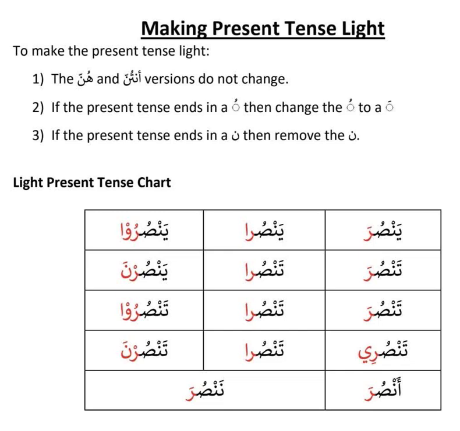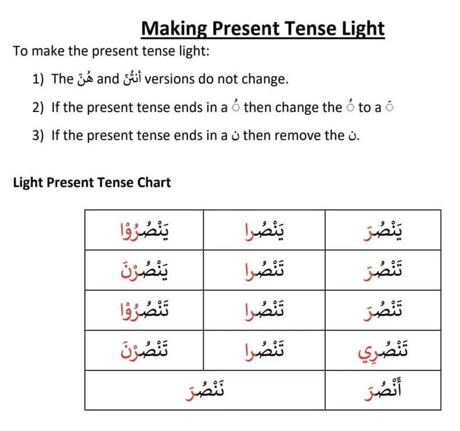Huwa yushriku, huma yushrikani, hum yushrikuna, hiya tushriku, huma tushrikani, hunna yushrikna, anta tushriku, antuma tushrikani, antum tushrikuna, anti tushrikina, antuma tushrikani, antunna tushrikna, ana ushriku, nahnu nushriku. See, that is we are associating partners.